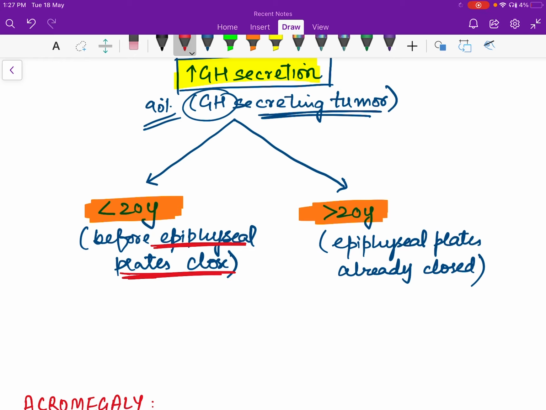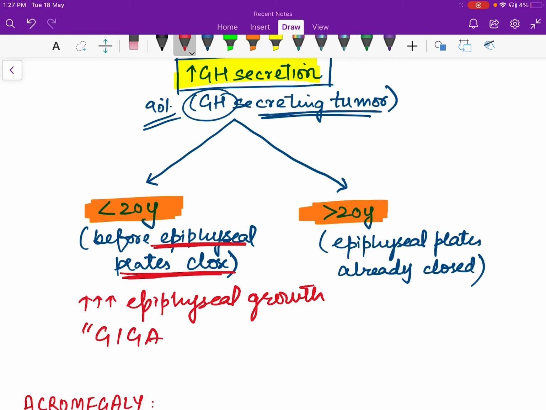So there will be increased epiphyseal growth, and as a result the height of the person is going to increase. It's called gigantism.